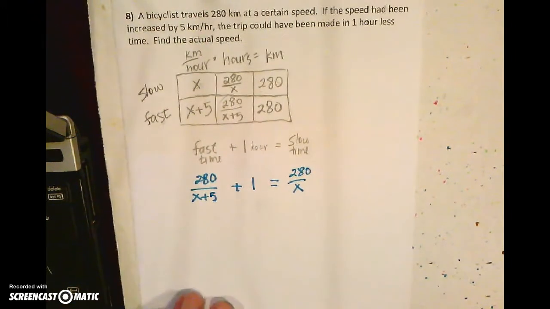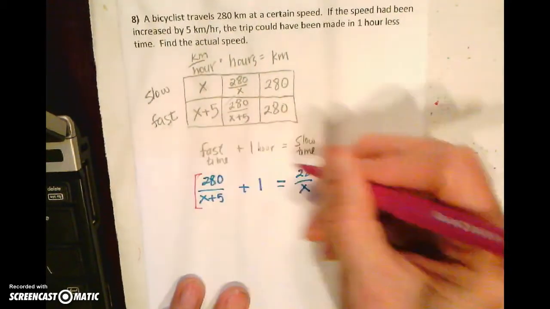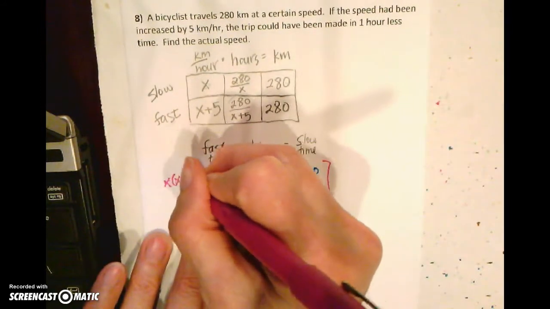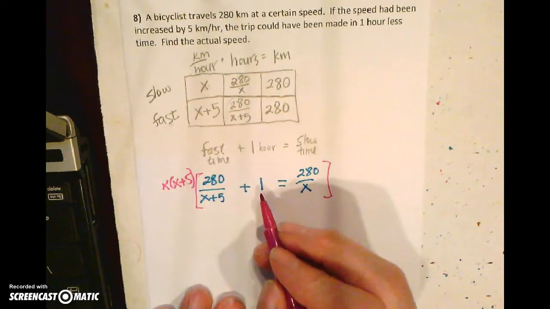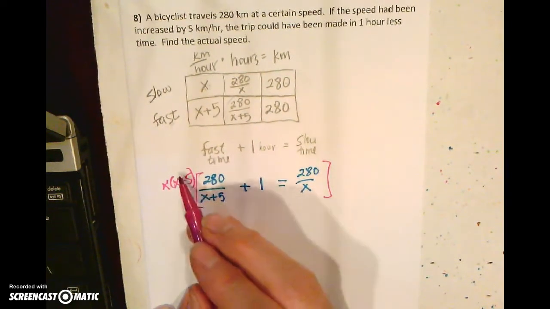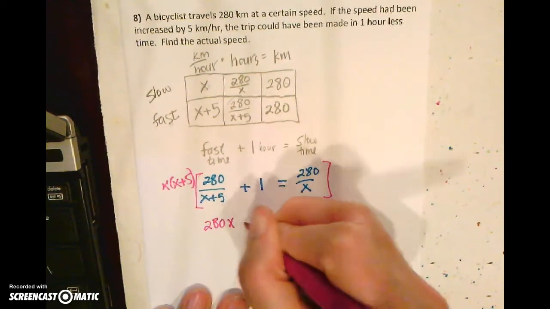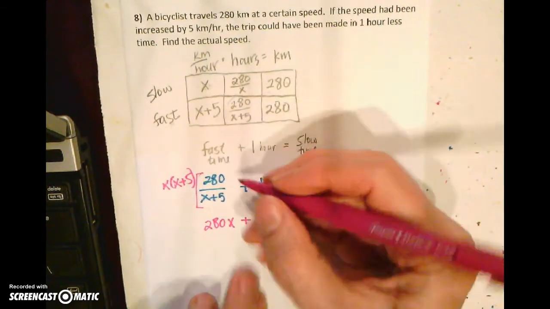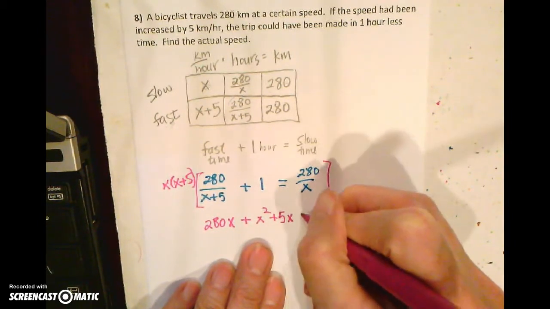Now we're going to do a little bit of algebra and get rid of this. So the LCD is going to be x and x plus 5. I'm going to distribute it to everything. When I multiply times the first term, the x plus 5s are going to cancel, and I'm going to have 280x. Times the 1, nothing cancels, so I'm just going to distribute it and put x squared plus 5x.